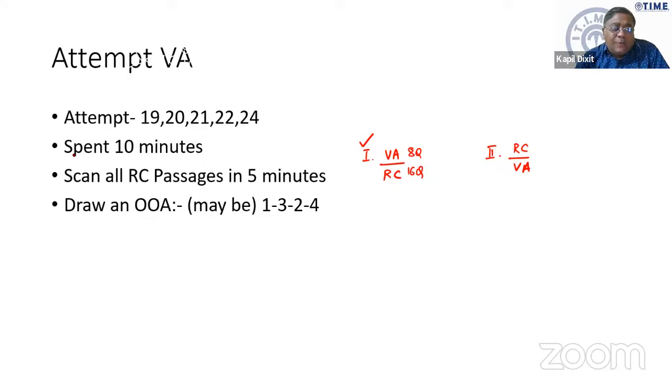If you spend 10 minutes on verbal, just by a quick scanning of verbal ability, you can easily identify 5 questions which you can attempt. And 5 questions here means it's a good attempt of 5 questions out of 8 questions. One could have easily identified those 5 questions.